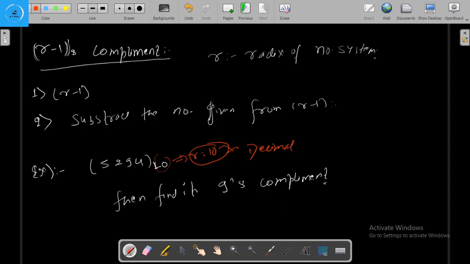Find its 9's complement. How are we going to find this 9's complement? Here r is 10, and we are finding the 9's complement, which is r-1.